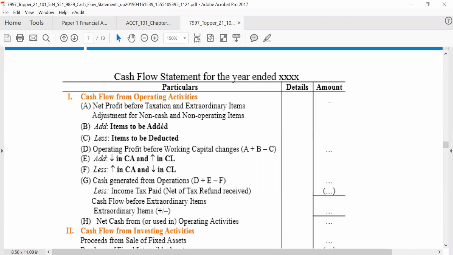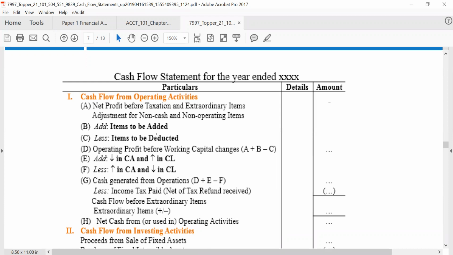Just like bad debts. Bad debts is an expense, but in reality, there is no cash movement that has happened. So that will be one of the items that will need to be added back. Depreciation is one of those. In case you had amortization, amortization is the depreciation of intangible assets.